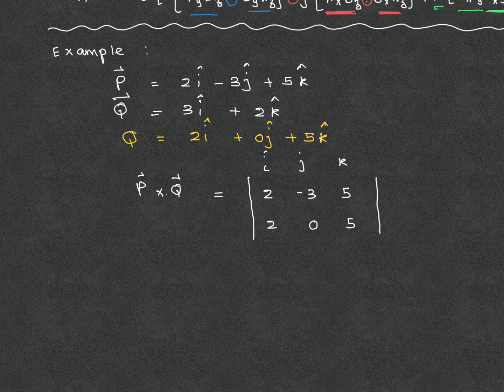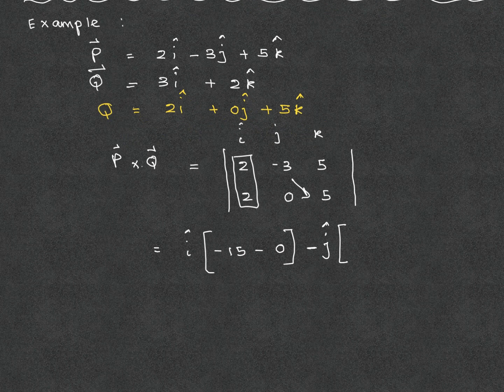Now we follow the same strategy. First take i hat, and we cover this column, and we go from top to bottom: -3 times 2 is -6, and minus 0 times 5 is 0. Then you insert the negative sign, and there you have -j.